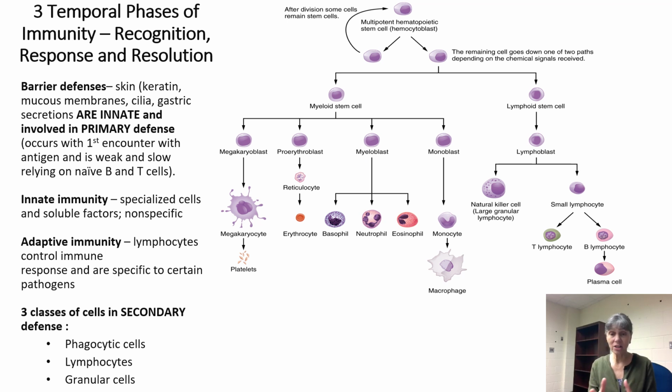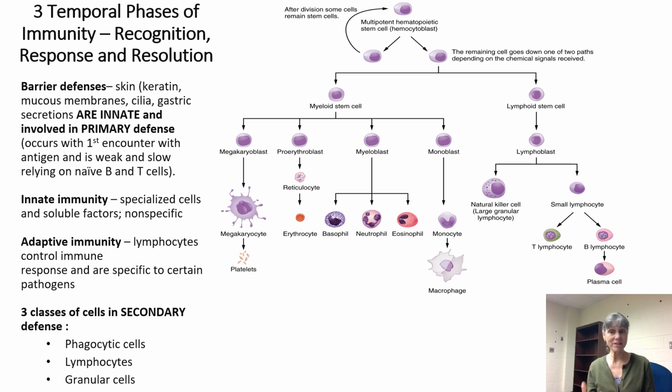Now we're going to take a look at how these cells work. With innate immunity, as far as cells go, we have specialized cells and soluble factors, and these are non-specific. Part of that innate immunity, that primary defense mechanism, includes what we call naive B cells and T cells. Naive B cells and T cells are part of innate immunity.